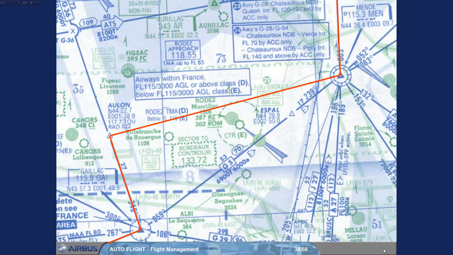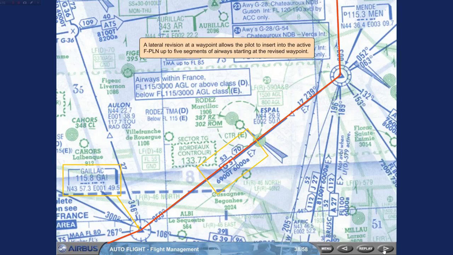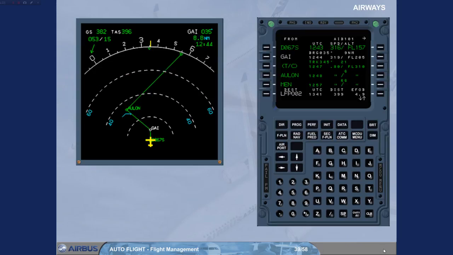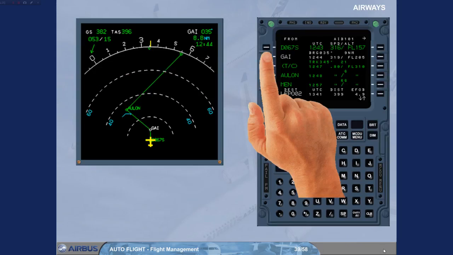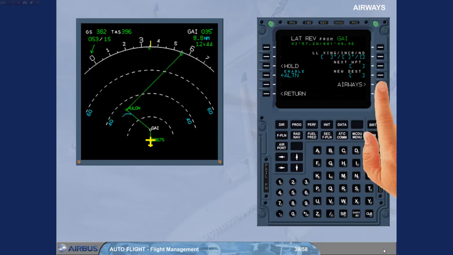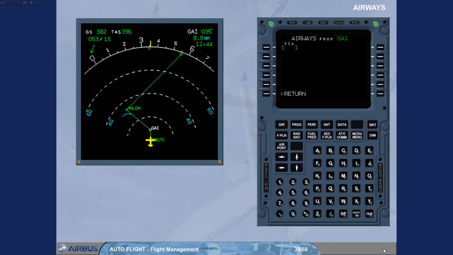A lateral revision at a waypoint allows the pilot to insert into the active flight plan up to 5 segments of airways starting at the revised waypoint. The Airways page is accessed by line select key 5 right on the waypoint lateral revision page.